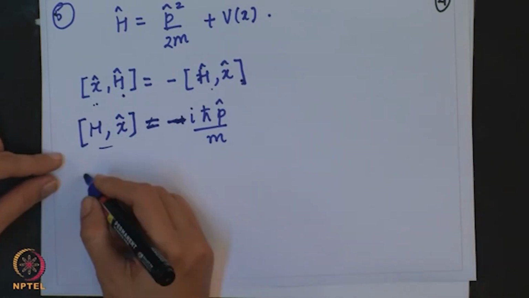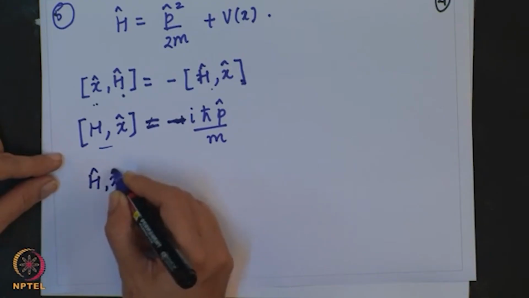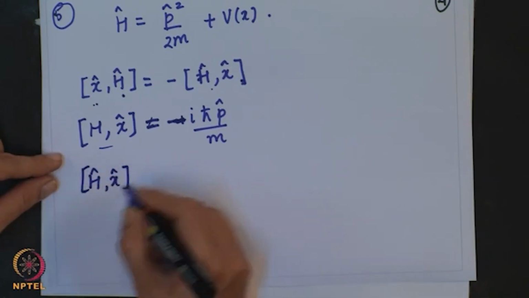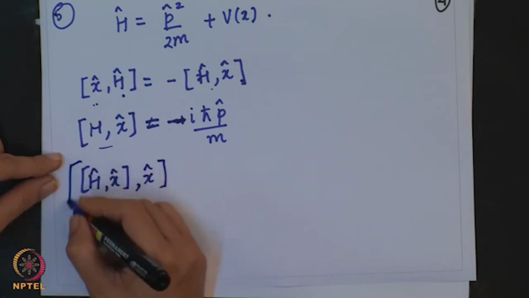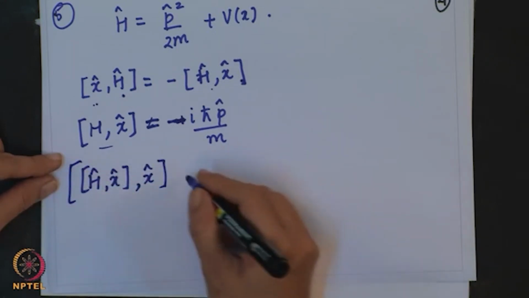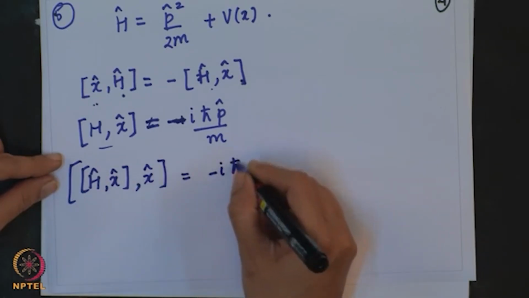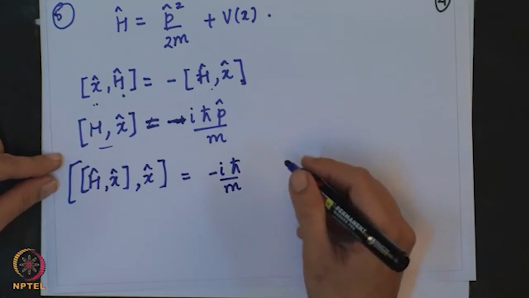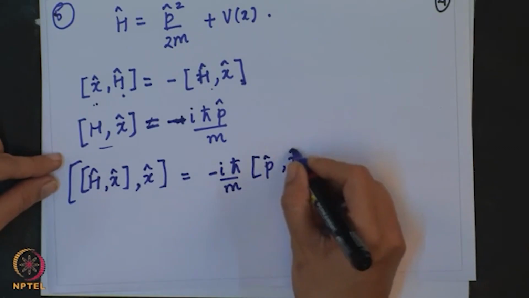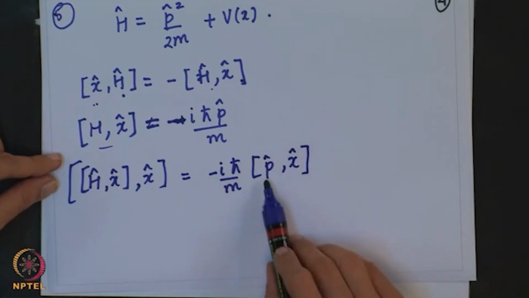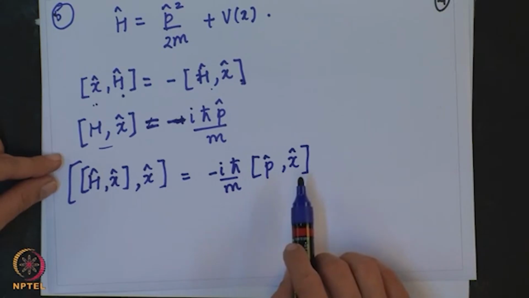Now, what we do is we take the commutator of H and x and then commute it with the operator x again. So, this would be nothing but i h cross upon m; I can take the constant out, and p hat with x. Again we have the commutator of x and p as i h cross.